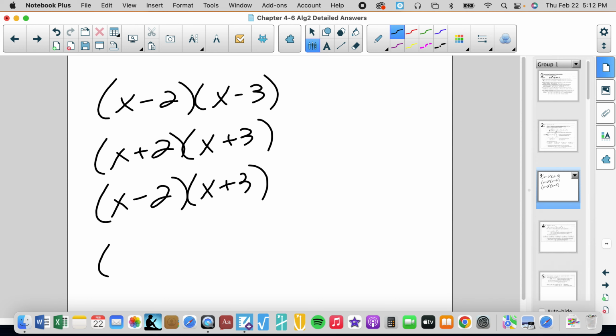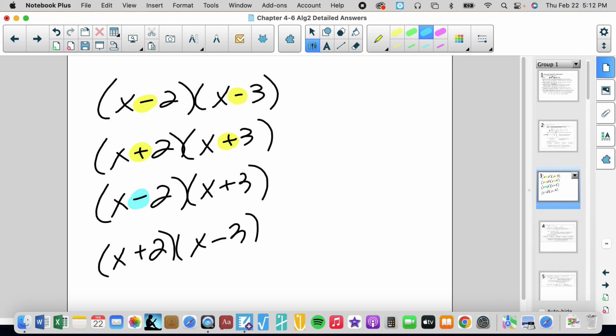And since there are two signs, you can have 4 different outcomes. You can have both of the signs negative, both of the signs positive, or you can have a situation where one is negative, one is positive, or one is positive, one is negative.